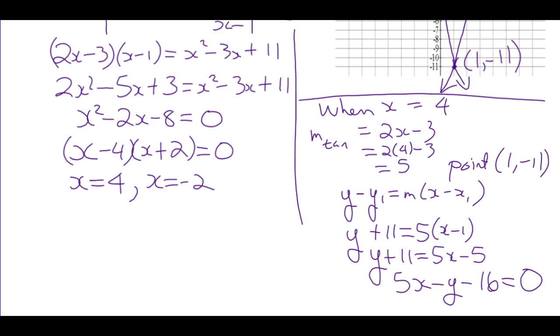So 5x minus y minus 16 is equal to 0. And I guess we can do this down here.